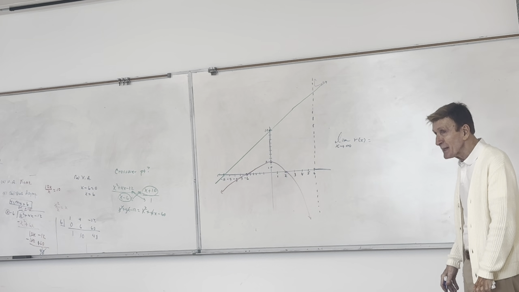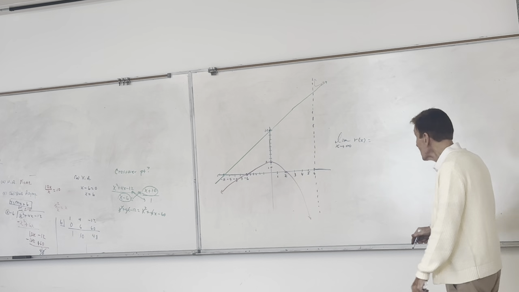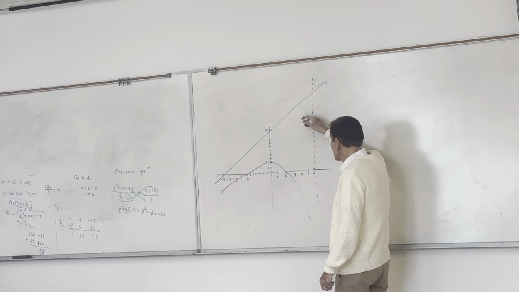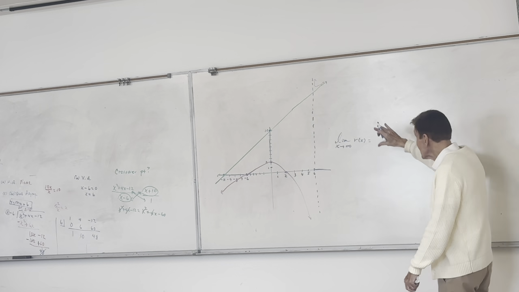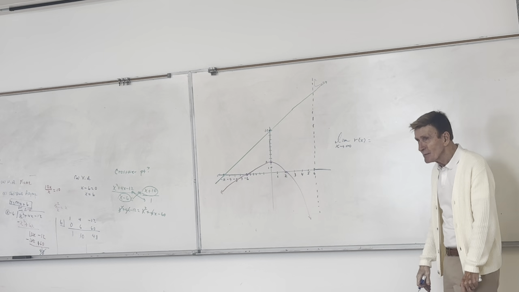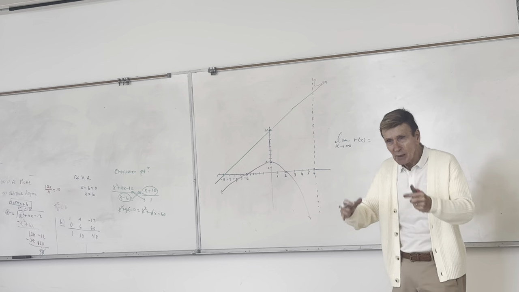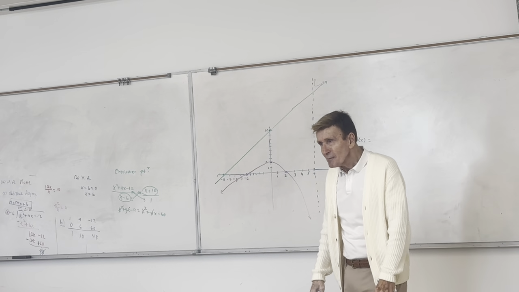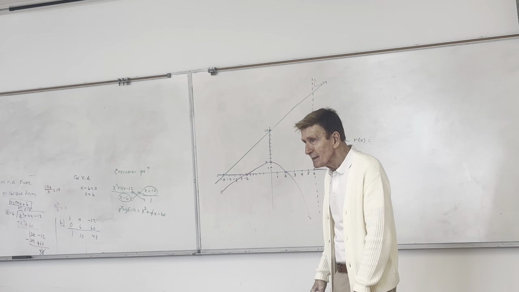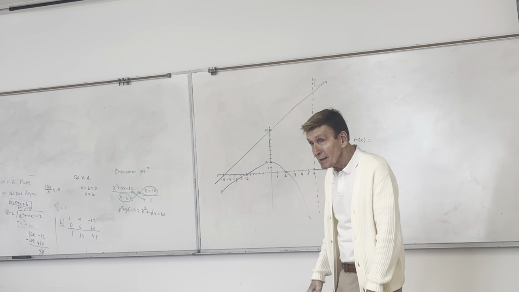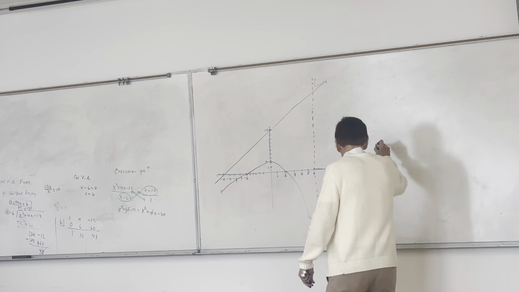What is that little pink piece of graph doing as you walk this way? What would be the best description? Is it rising? Is it also getting closer and closer to the oblique? Okay, so it's rising, so I'll accept this.